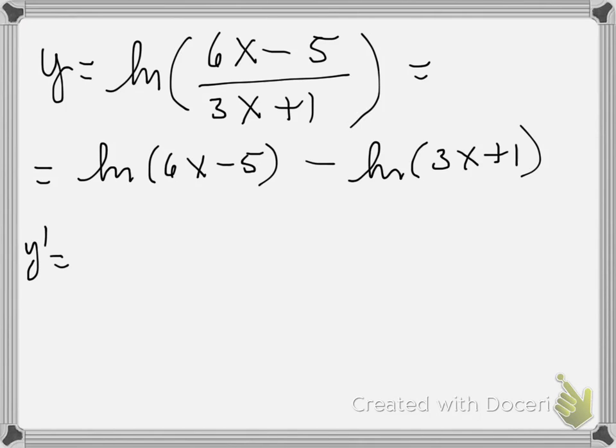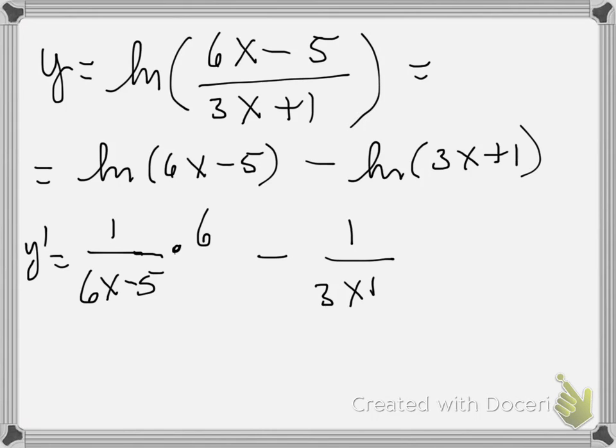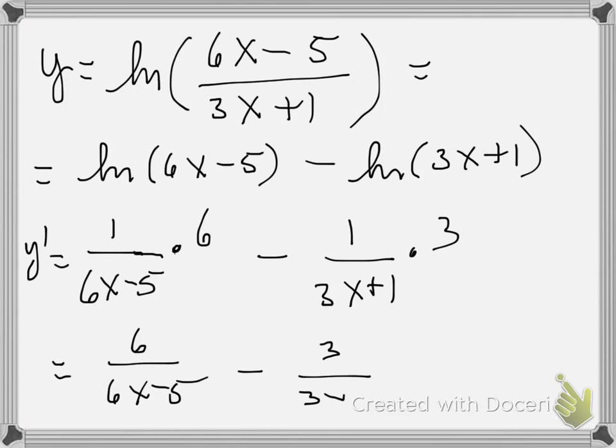So then y prime: the derivative of natural log 6x minus 5 is 1 over 6x minus 5, the stuff inside the logarithm, times the derivative of the stuff inside the logarithm. The derivative of 6x minus 5 is 6. Minus 1 over 3x plus 1 times 3. And that becomes 6 over 6x minus 5 minus 3 over 3x plus 1. Okay, good.